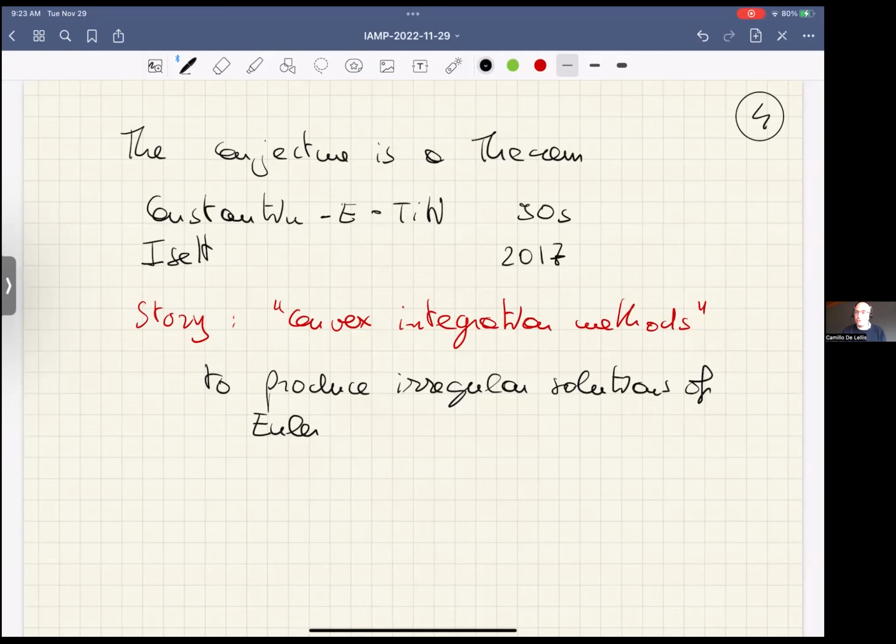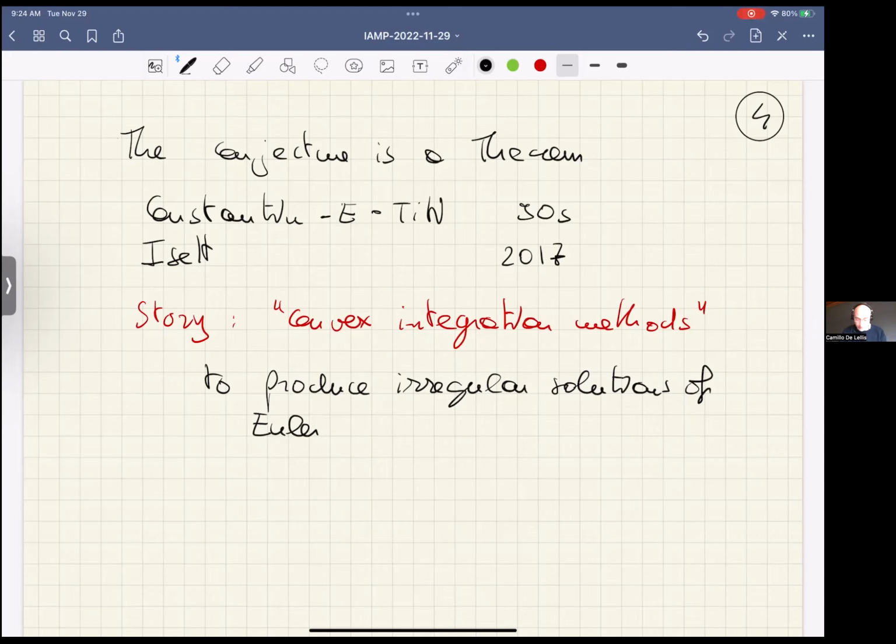And there is no way that a solution which increases the energy can be a limit of regular solutions of Navier-Stokes, because the energy of regular solutions of Navier-Stokes is always monotone in time going down. Okay, so this actually seems like a tall order, approximating irregular solutions of Euler with solutions of Navier-Stokes.